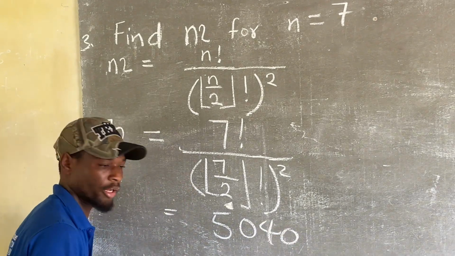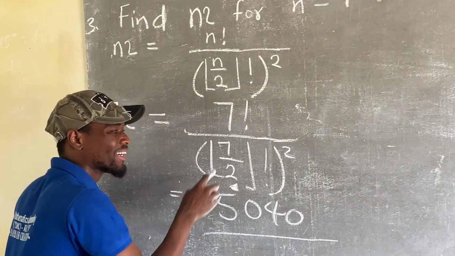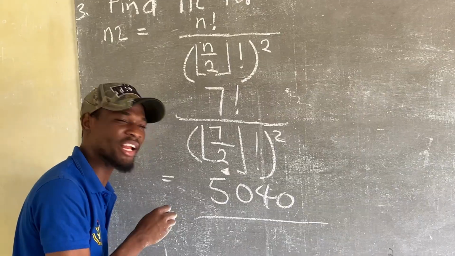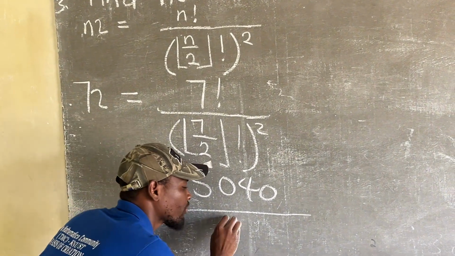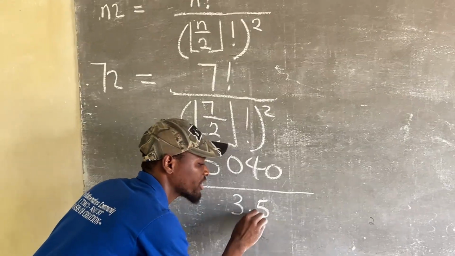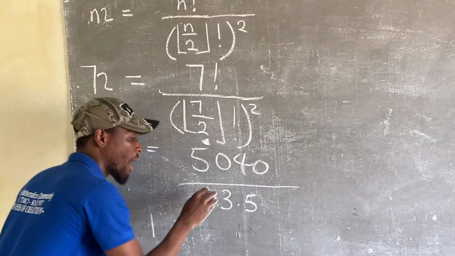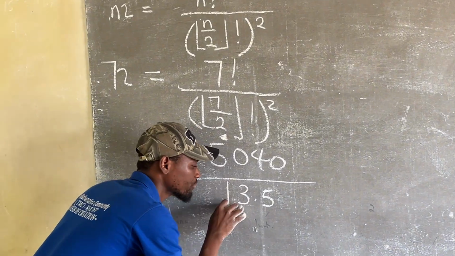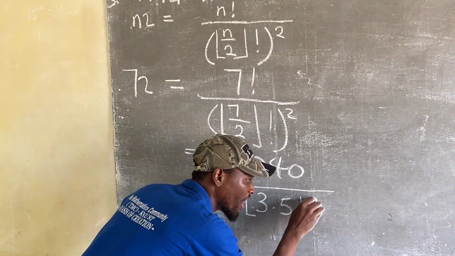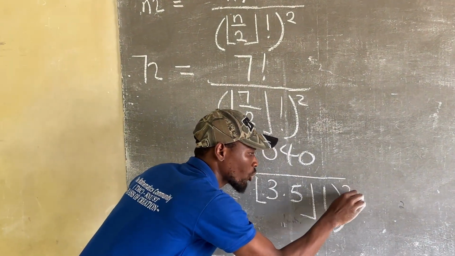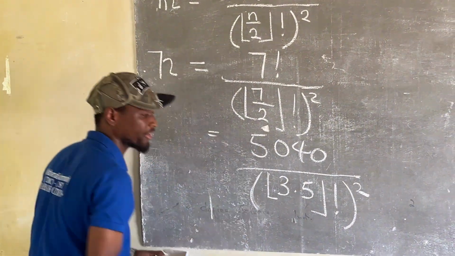5040. Then all over, what is 7 divided by 2? 7 divided by 2 is equal to 3.5. Then remember, I'm taking the floor of this, 3.5, and you have the factorial over here. Then we are squaring everything.